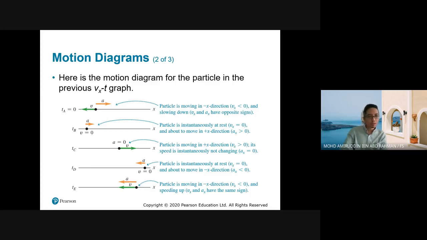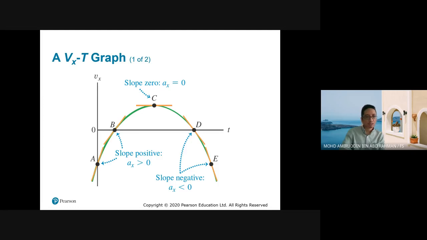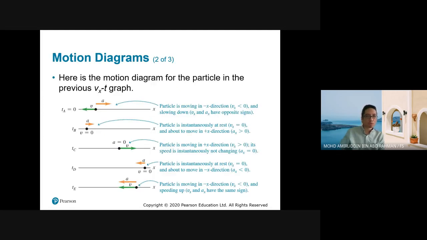So let's say the first one at point A. You look at the velocity over here. So this is the velocity. It is from the negative velocity to 0.